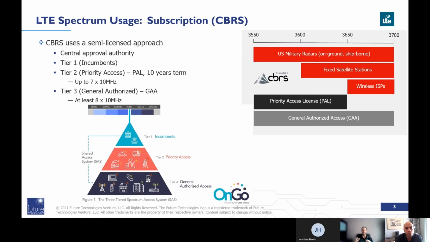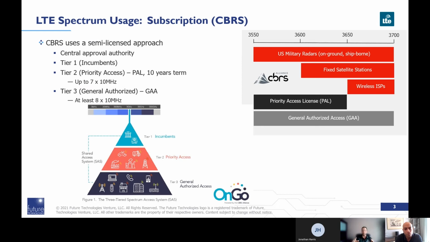People purchased, if you will, 10 megahertz chunks or multiple thereof within different counties in order for them to deploy against. If you don't have a PAL license or didn't participate in that auction, that's okay, because at the bottom of the pyramid, it's called General Authorized Access, or GAA license. So basically, anyone who's not an incumbent and also doesn't have a priority access license, all of that spectrum on a per geographical location basis ends up getting access in that GAA tier.